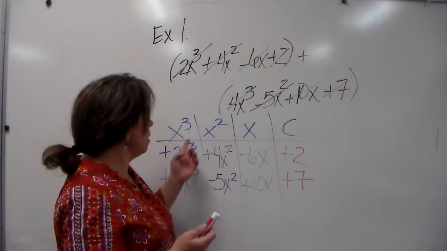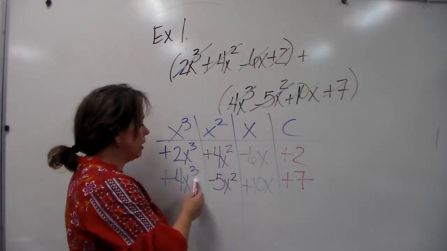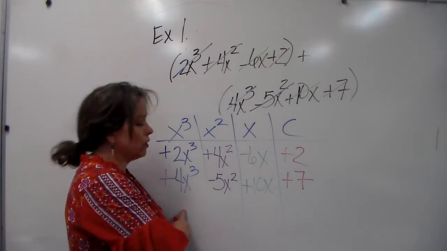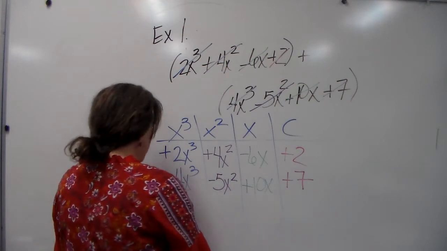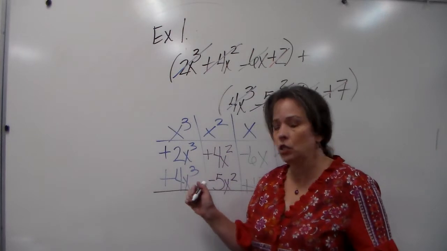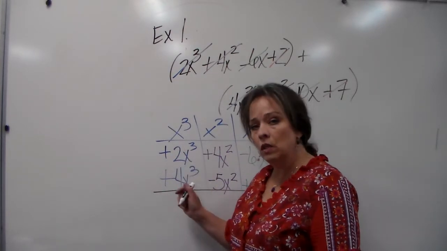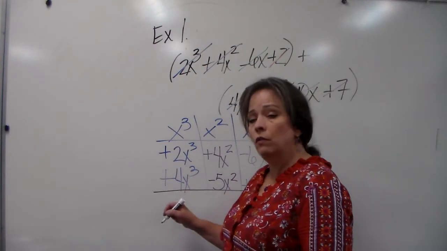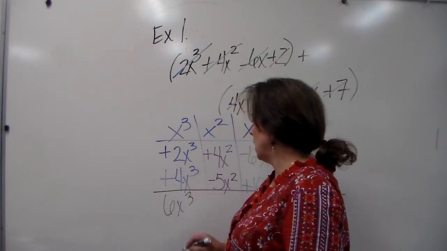I can only combine terms that have the same variable with the same exponent. So I can't combine x cubed terms and x squared terms, but I can combine x cubed terms, right? So let's go ahead and do that. When we're combining these terms, we're just going to add or combine those numbers in front of our variable. So 2x cubed plus 4x cubed will give us 6x cubed, right?